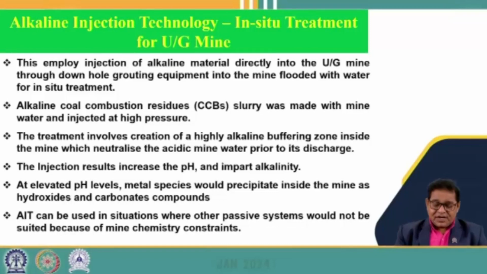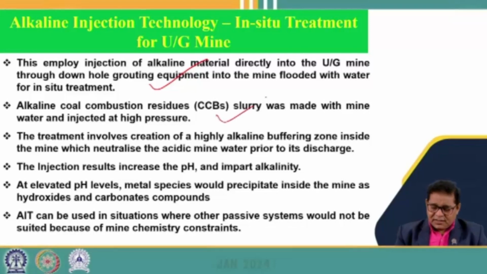So this employs the injection of alkaline material in the form of slurry directly into the underground mines containing the acid mine drainage through downhole grouting equipment. This alkaline coal combustion residue is made into a slurry with the mine water and injected at a very high pressure.